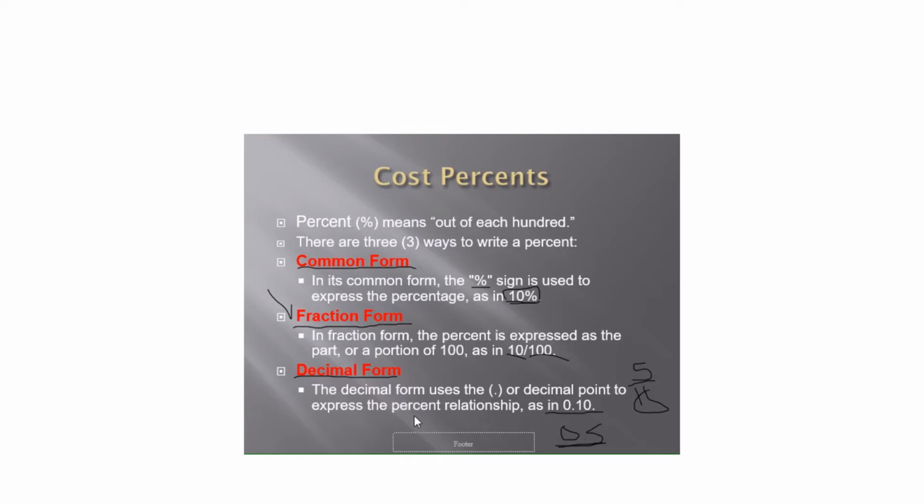But if you want to go from decimal form to common form on your calculator, you take the decimal form and you multiply it by 100, and that will give you the common form. So if you were to take 0.5 in your calculator, multiply it by 100, you'd get 50, or 50%. Okay, and then all you have to do is put that percent sign next to it. Important skill to know.